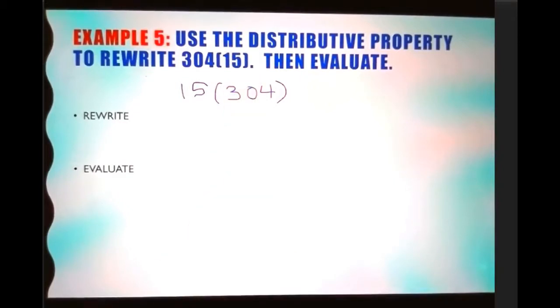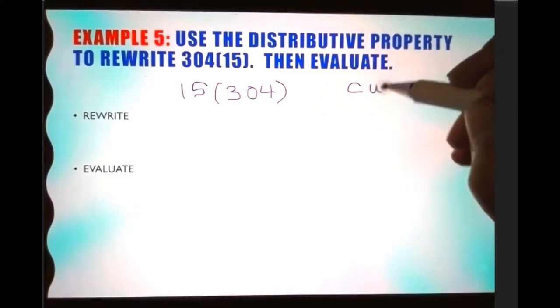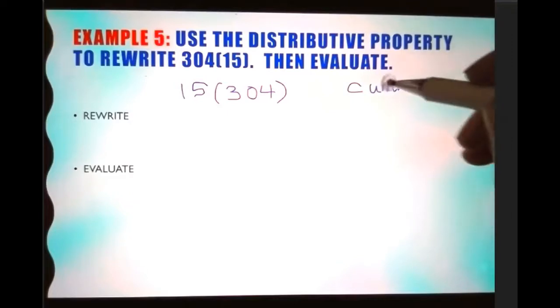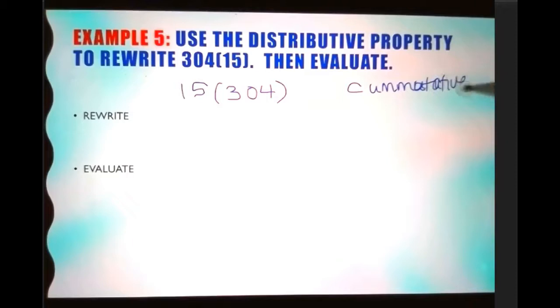What's that called? We learned it last week. Starts with a C. Good. Commutative. Fantastic. Apparently I can't spell today either.